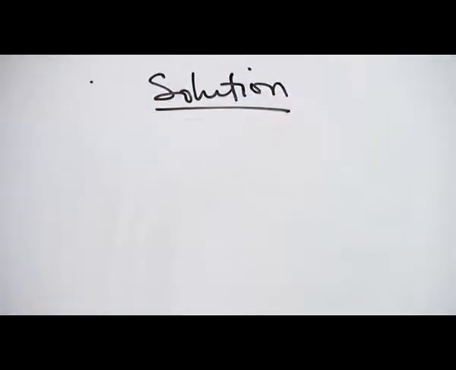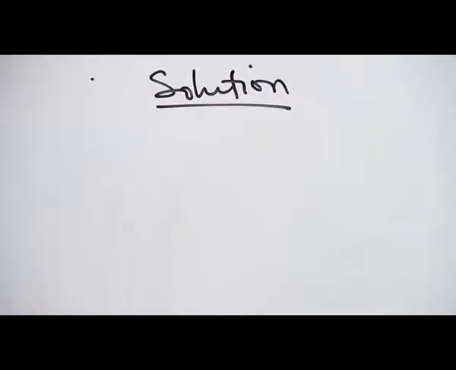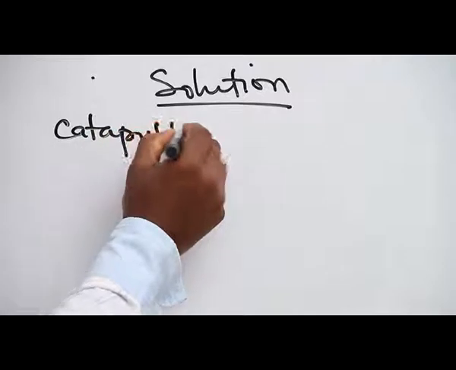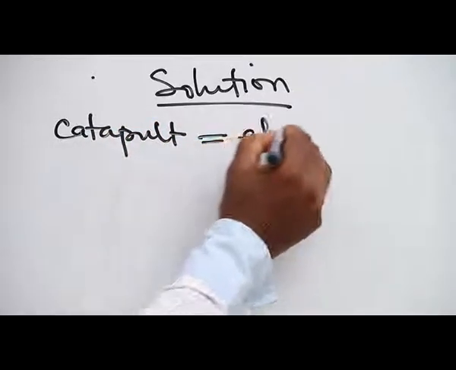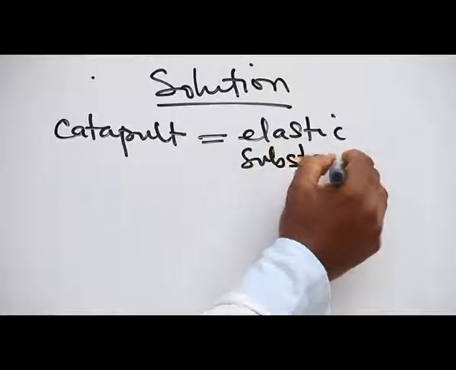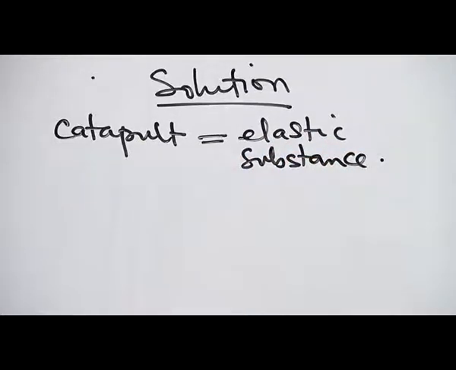First, we must note that the catapult is the elastic substance. The energy stored in the catapult, that is the elastic potential energy, is imparted or given to the stone to move.